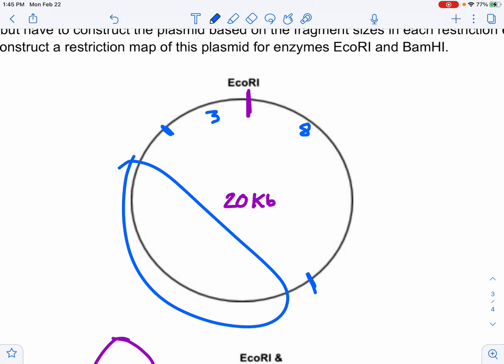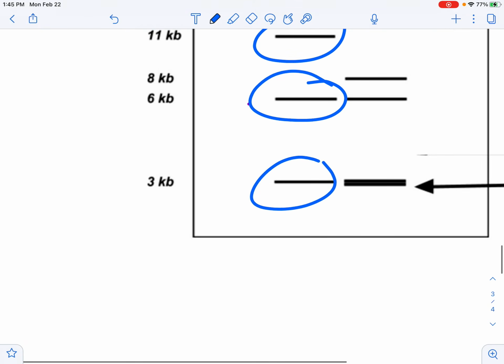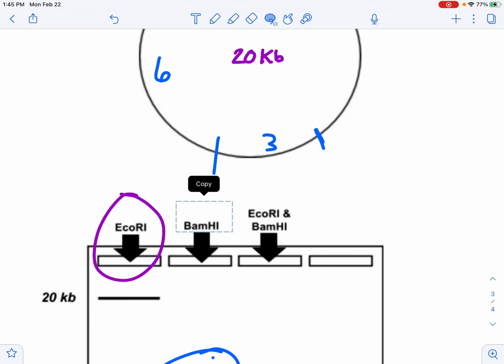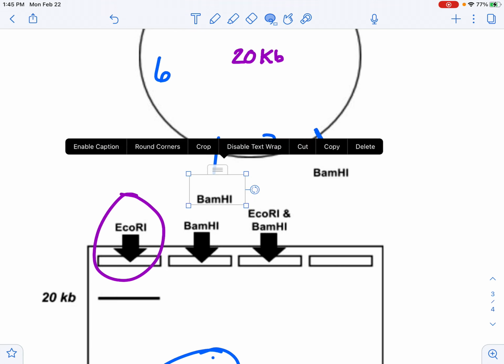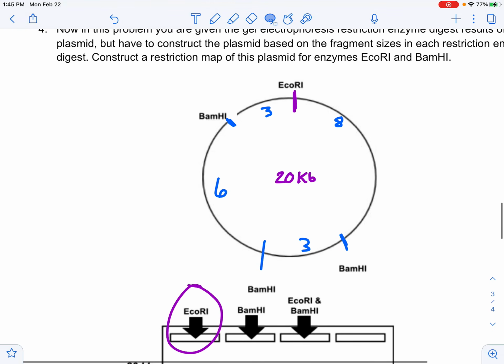I don't know exactly, and actually with this information I'll never know where the 6 and the 3 would go. It could either be the 6 like that and the 3, or it could be like that. Okay, so there's a 6 and a 3. And then again, those are the BamH1 cuts. Okay, so that's one way that we would be able to map that one.